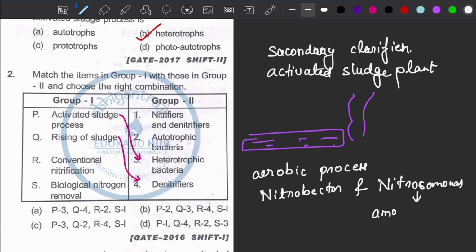Nitrosomonas changes free ammonia into nitrite, and after that Nitrobacter changes nitrite into nitrate. So conventional nitrification uses autotrophic bacteria.